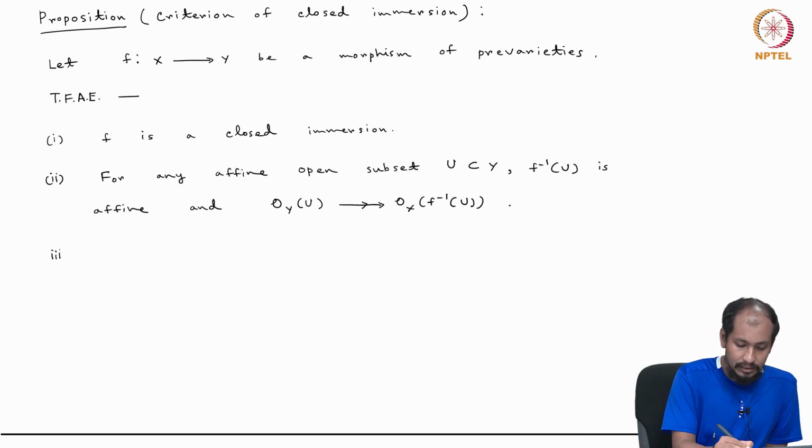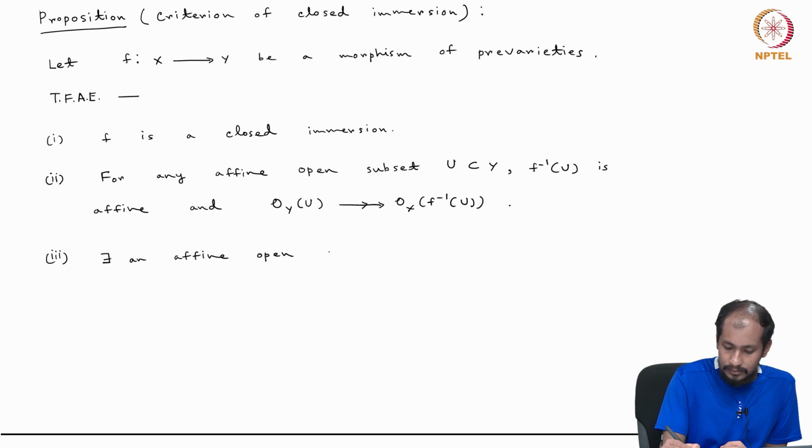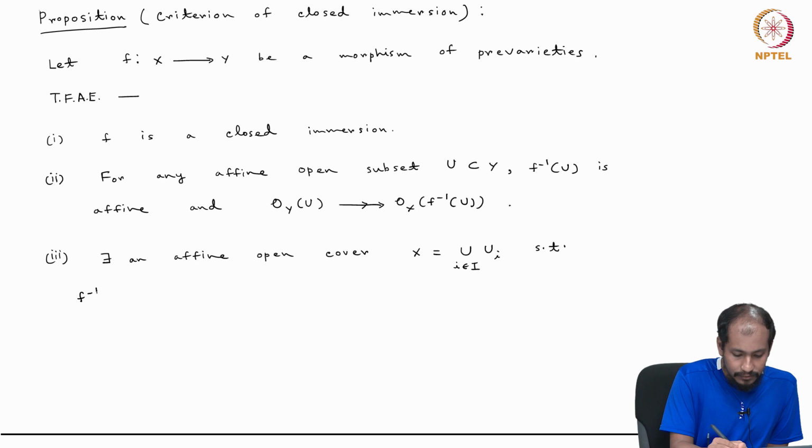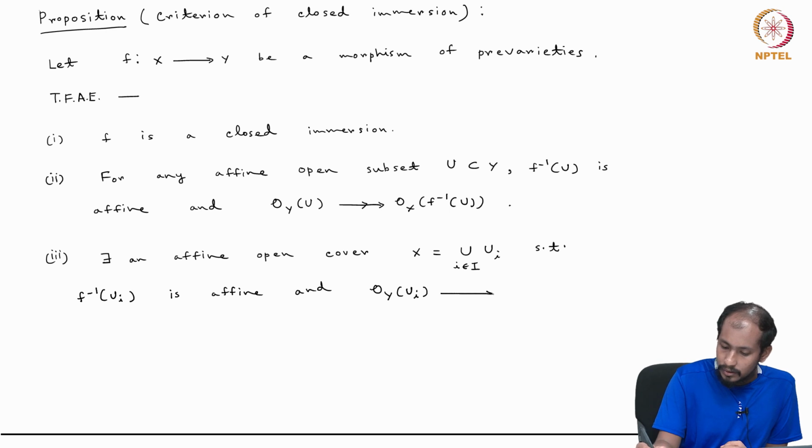And number three is there exists an affine open cover of Y, say U_i, i belongs to capital I index set, such that f inverse U_i is affine and this O_Y(U_i) to O_X(f inverse U_i), this is surjective.